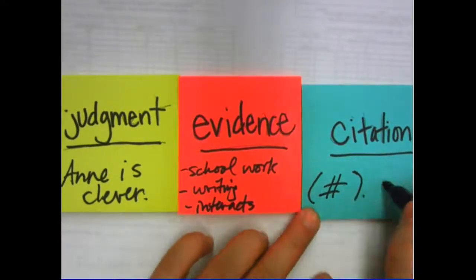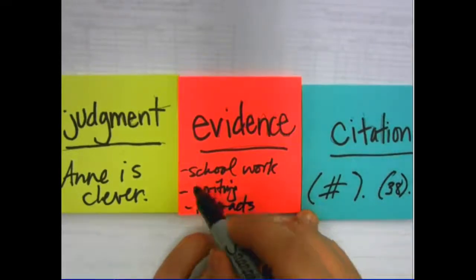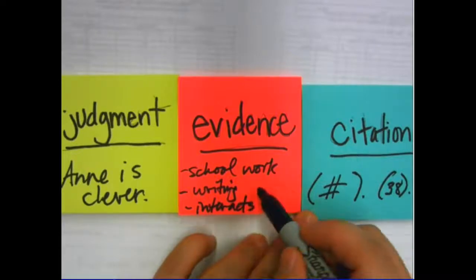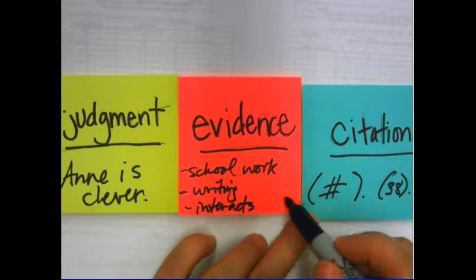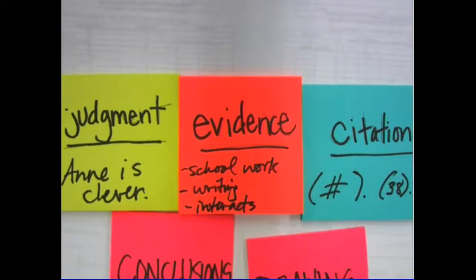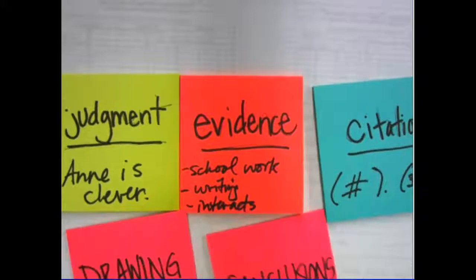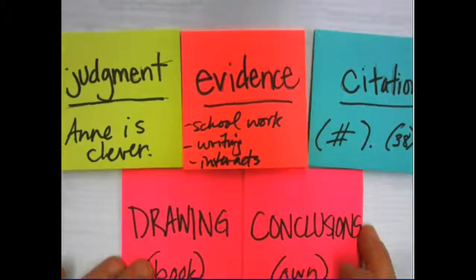So you would say her schoolwork, and so on, maybe page 38. Also, in her writing, she uses a lot of figurative language, which is pretty clever. And then you could give a page number for that. Also, the way she interacts with people shows she's clever. So to draw conclusions, you're kind of putting together all of your evidence and your citations and making a final judgment.